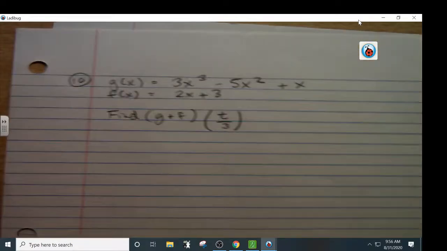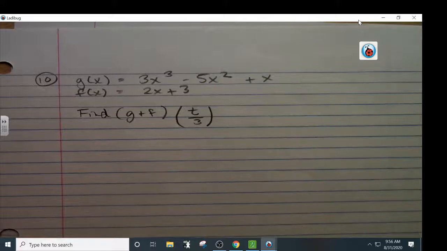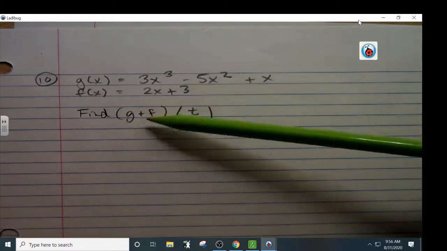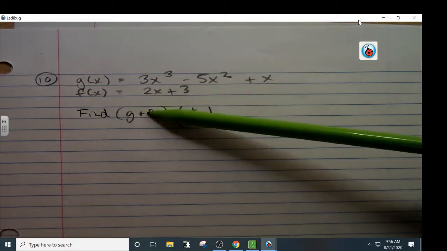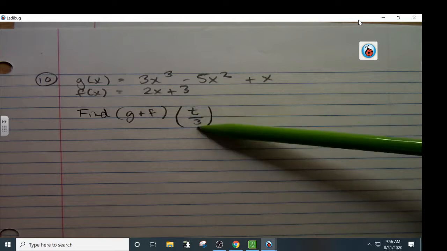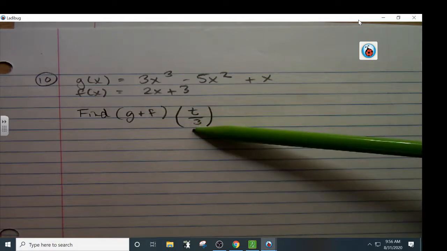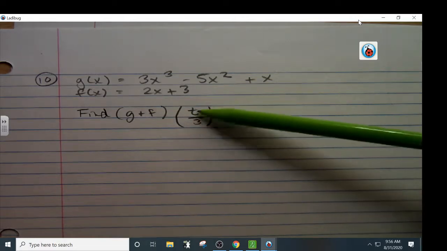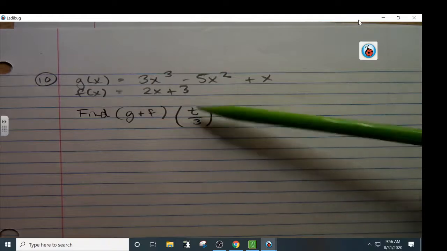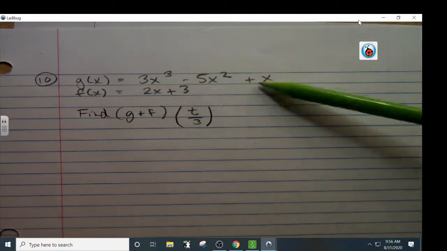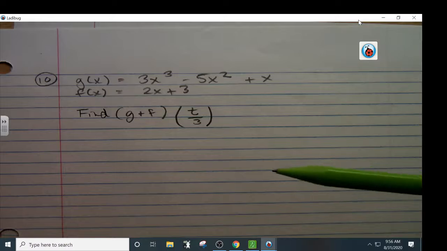Now, guys, notice we have function g of x and function f of x. Now, notice what the rule says. The operation says it wants us to add them together, and then it wants us to substitute t over 3 in for x. Everywhere you see an x, you're going to input this value into it.